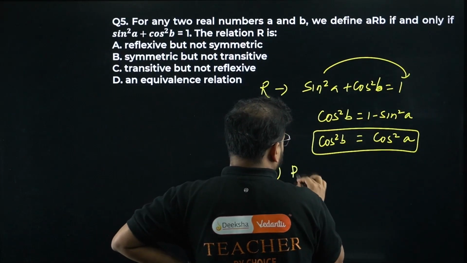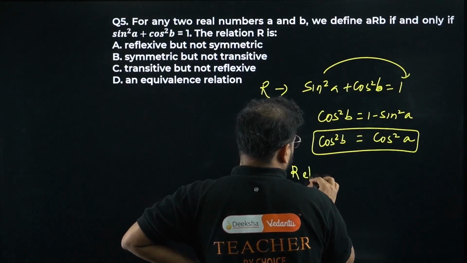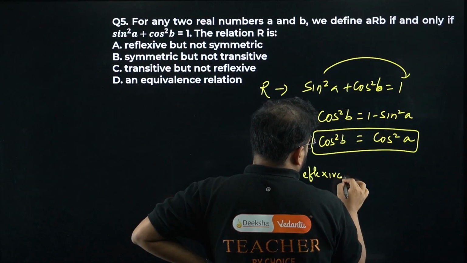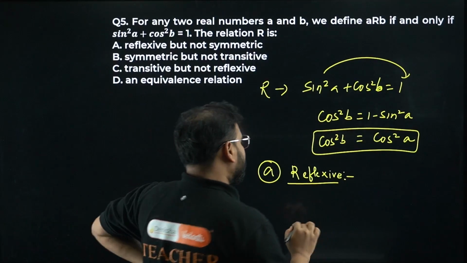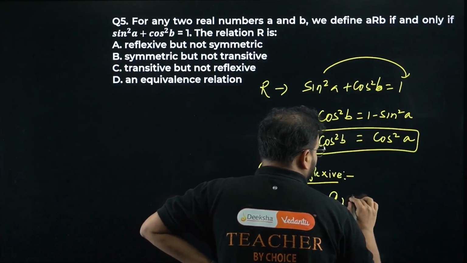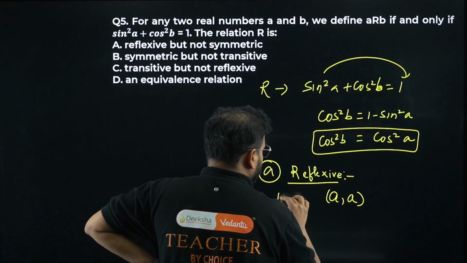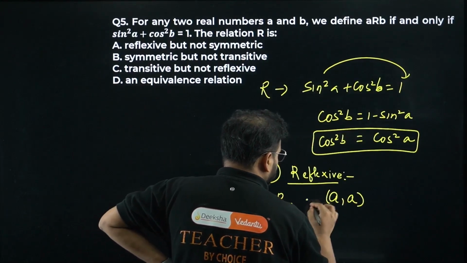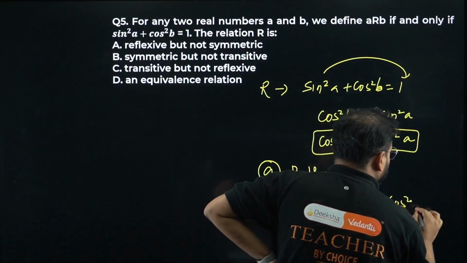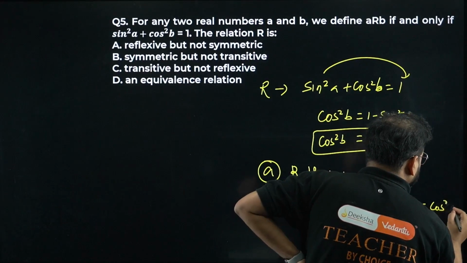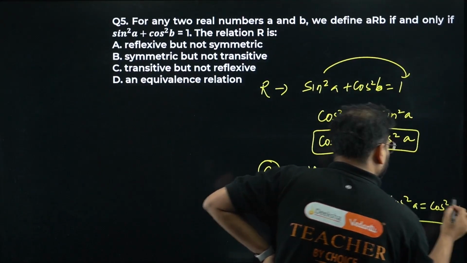First one is reflexive. If you check over here, the ordered pair will become A comma A, because this is going to be ARA. Of course it's going to be true: cos square A equals cos square A. No arguments there.